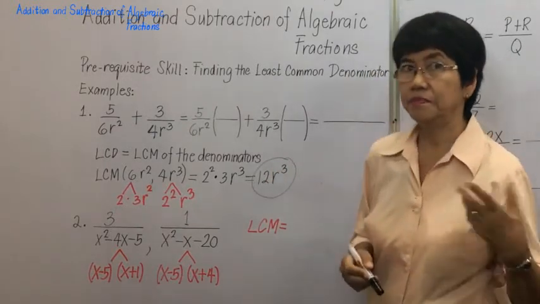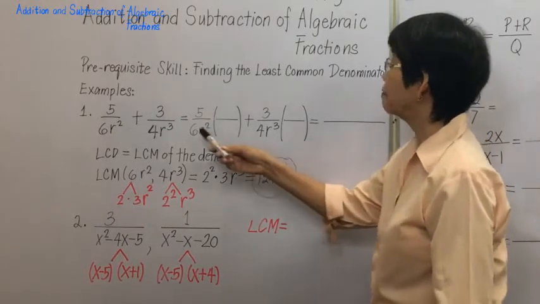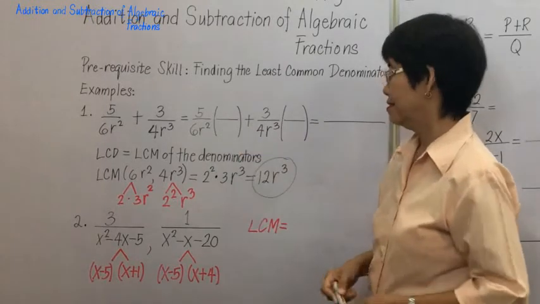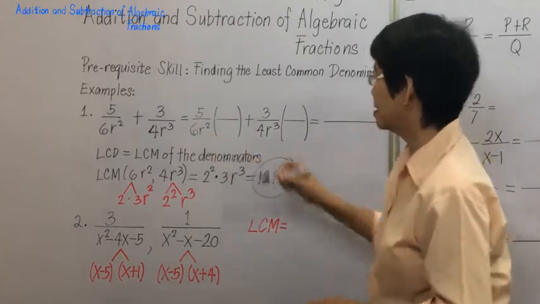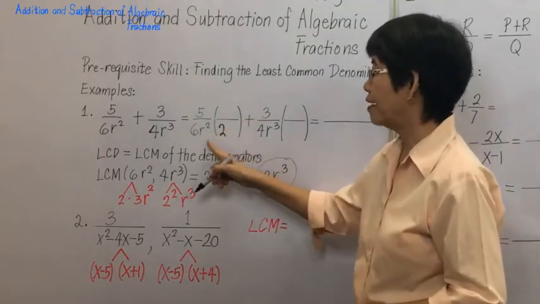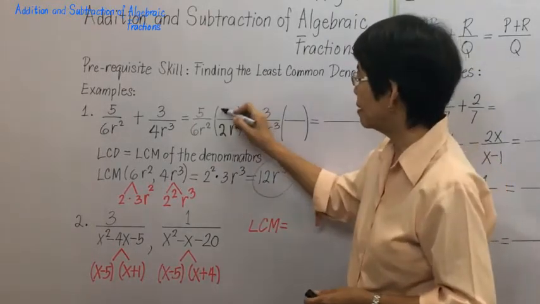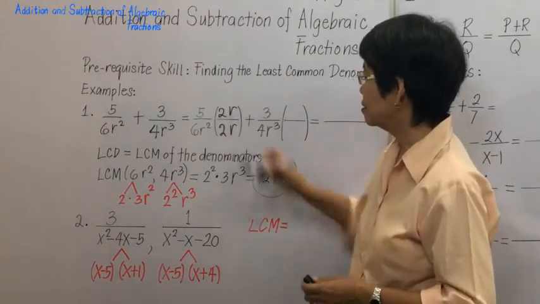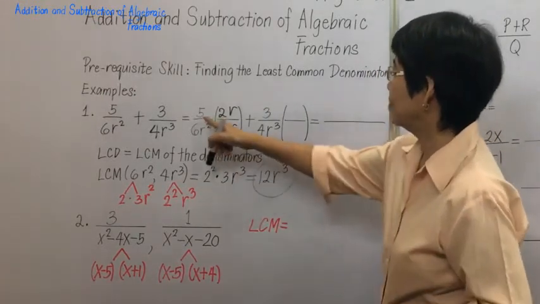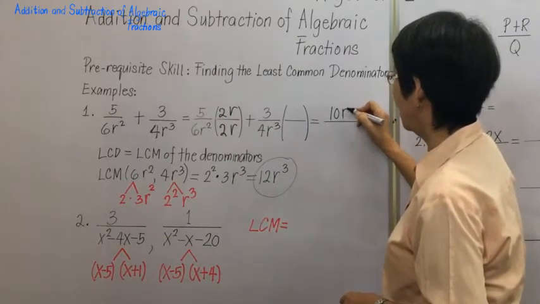To make that easier, we simply divide 12r cubed by 6r squared. And that will be the number here. So, 12 divided by 6 is 2. And r cubed divided by r squared is r. So, we multiply both numerator and denominator by 2r.